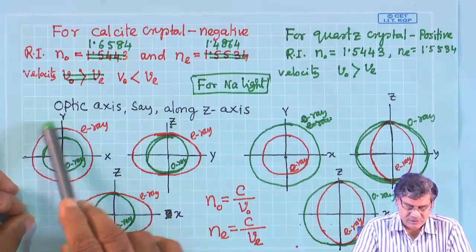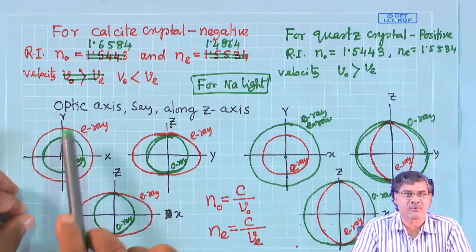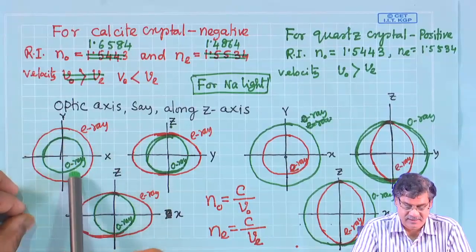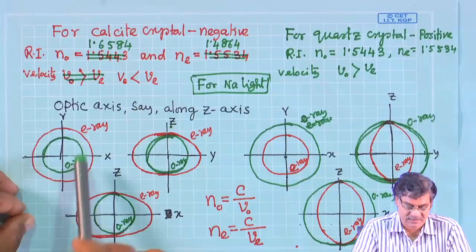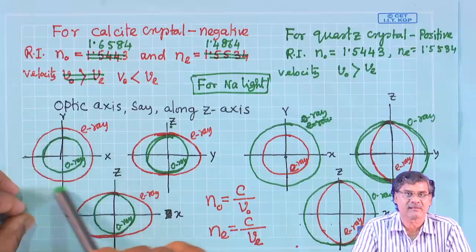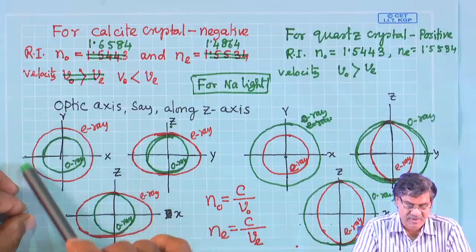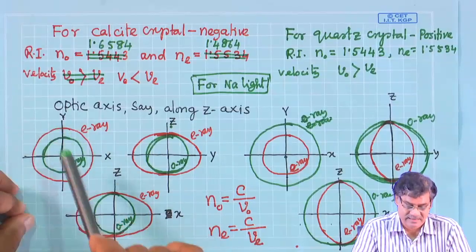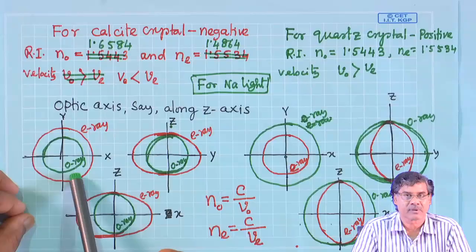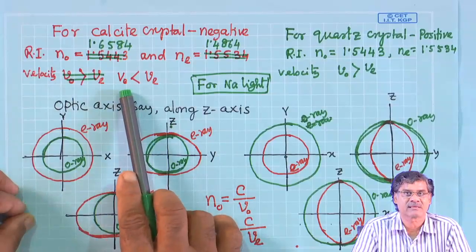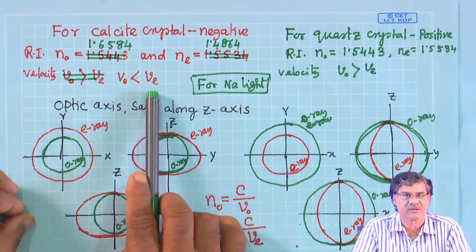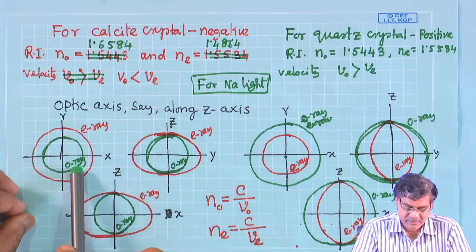So, in the xy plane, along x and y direction, if I draw the velocity, there will be a circle. But this will be a bigger circle than the circle for O ray, because the velocity of O ray is less than the velocity of E ray, right.